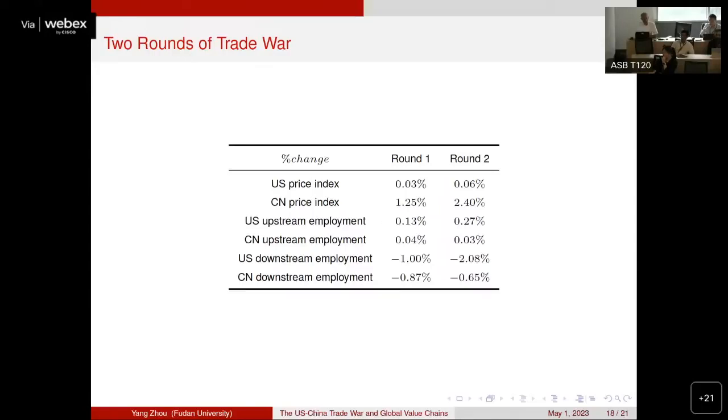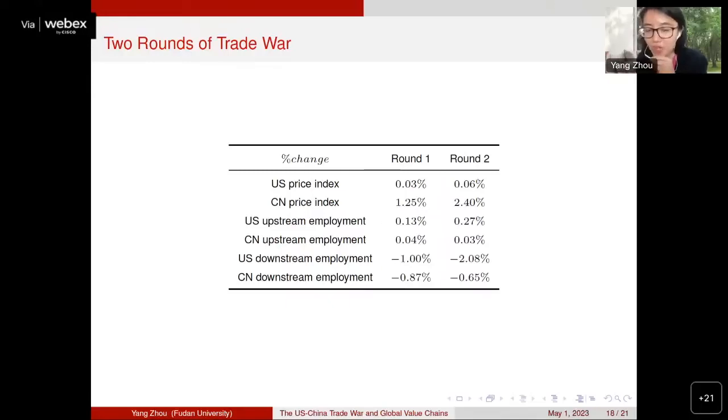Oh, okay. So the intuition is that most of the trade nowadays, if you look at trade volume, is focused on intermediate goods, and because of the global value chain, we have intermediate goods passing through borders multiple times, which amplifies the impact of tariffs.